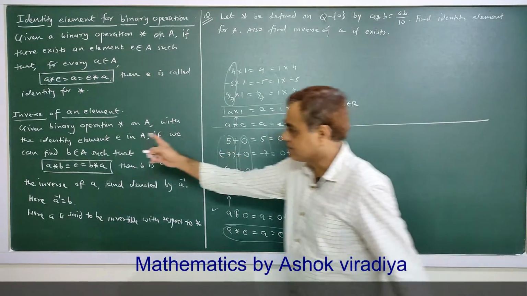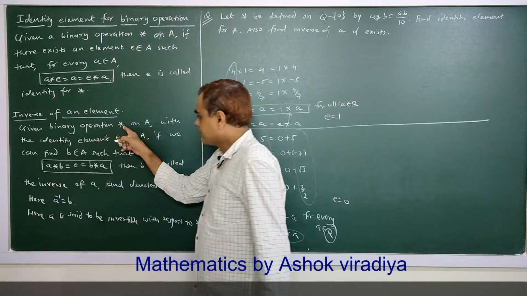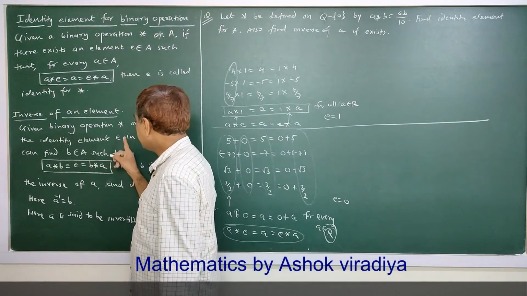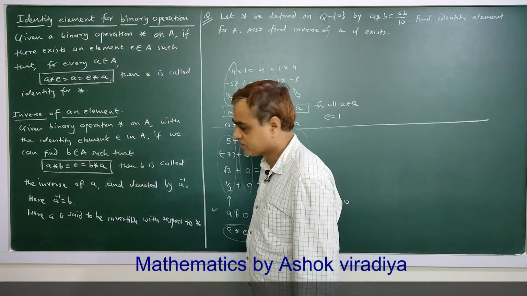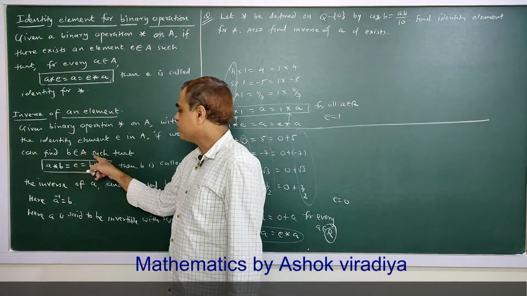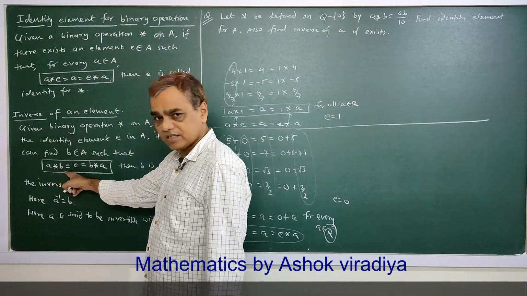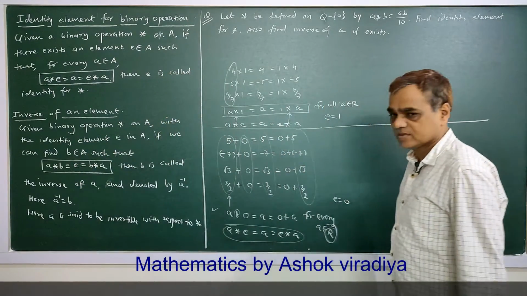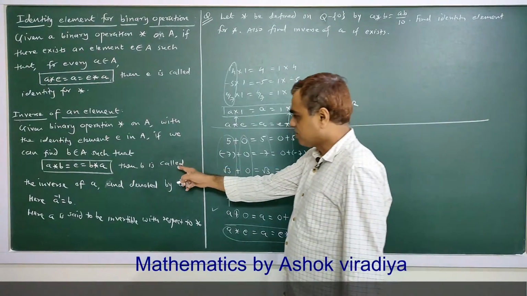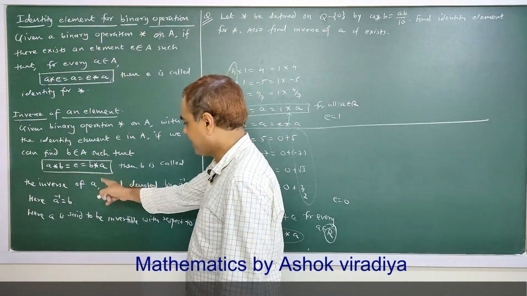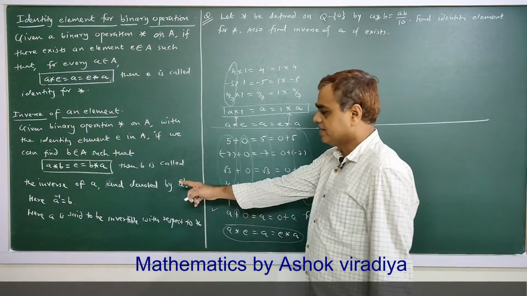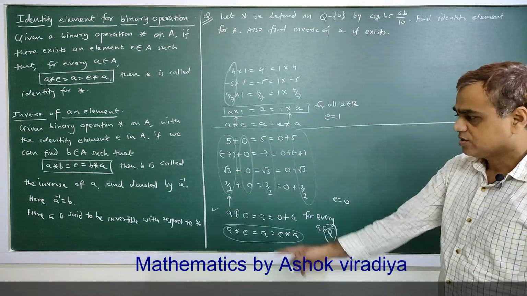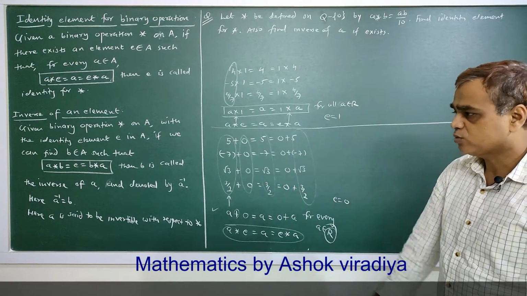Here words are given: binary operation star on A with the identity element E in A. If we can find B belongs to A such that A star B is E is equal to B star A, then B is called the inverse of A and denoted by A inverse. So A is said to be invertible with respect to star.